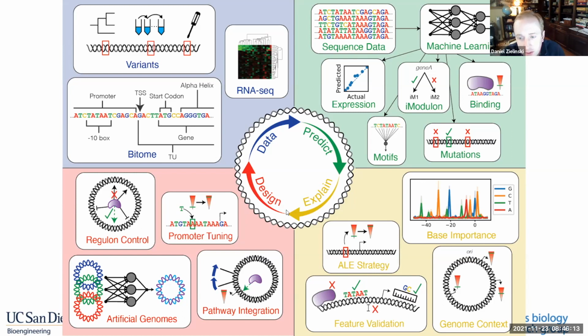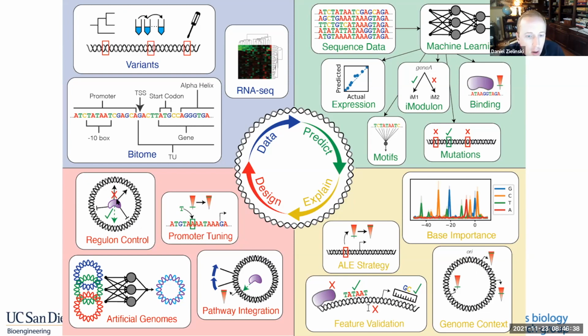But we also want to do design with it. We want to do prediction, de novo prediction, and cell design. And here we want to do things like, if we have a gene expression model, we should be able to in silico predict what a more active or a less active promoter will be, and do promoter design in silico for promoter tuning purposes, or change regulon structure.